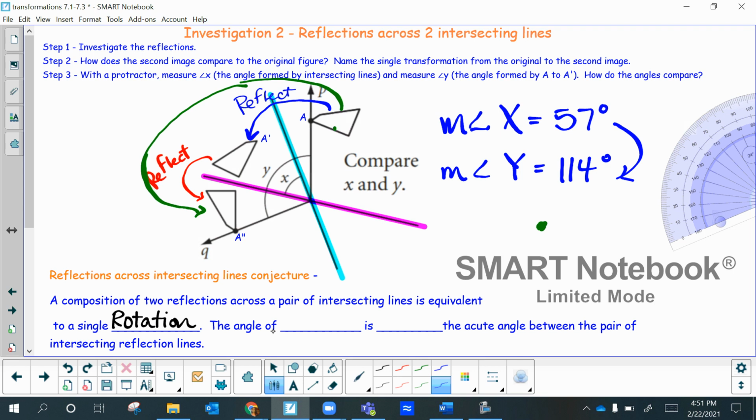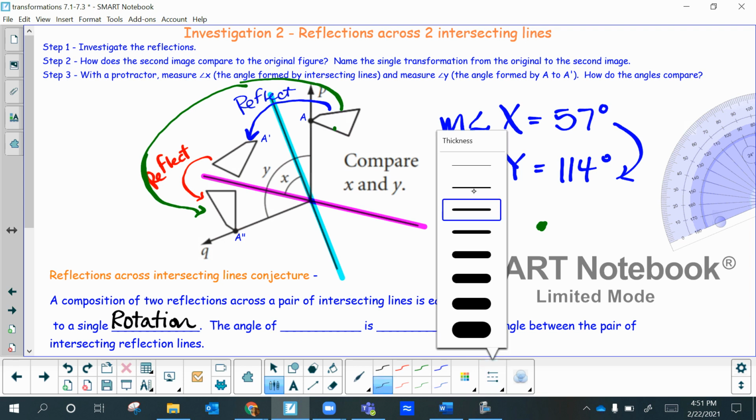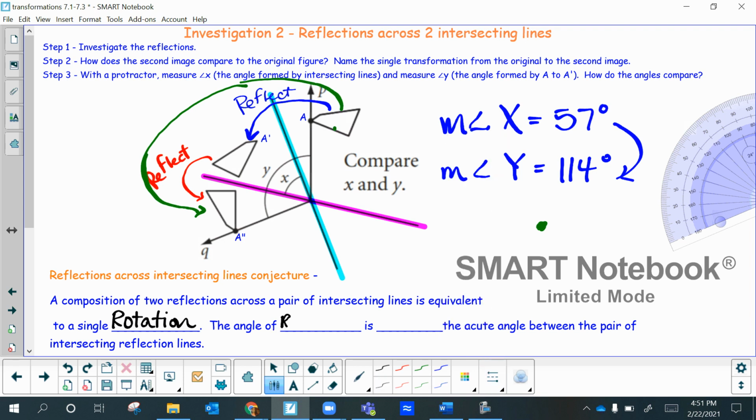So it says the angle of blank is blank the acute angle between the pair of intersecting lines. So the angle of rotation, which is like our angle Y, I'll just put that in parentheses, is blank the acute angle between the pair of intersecting lines.